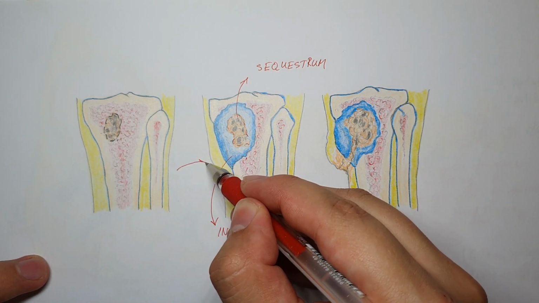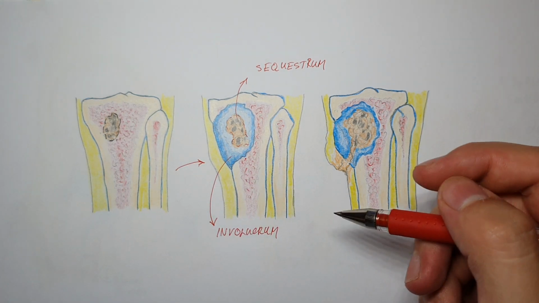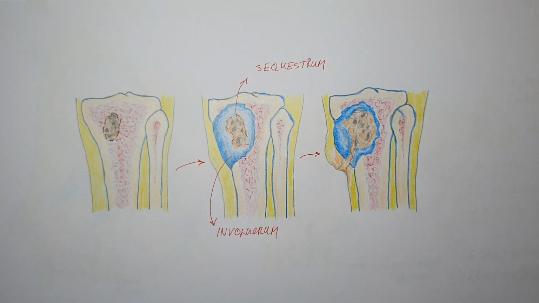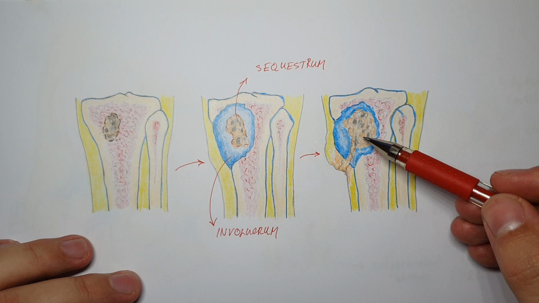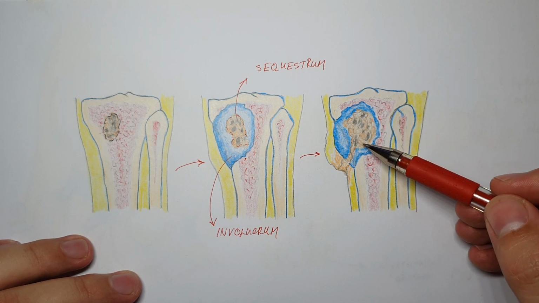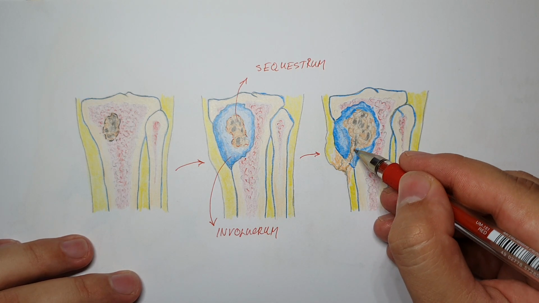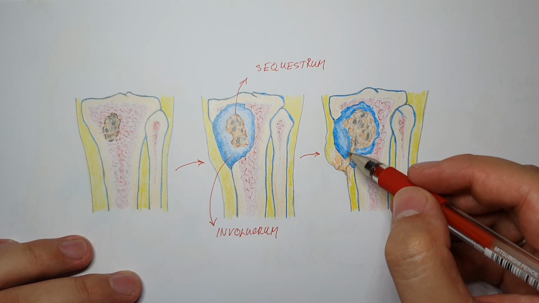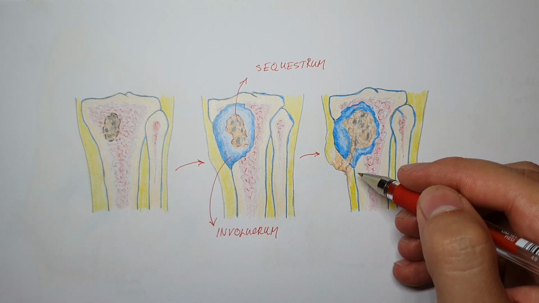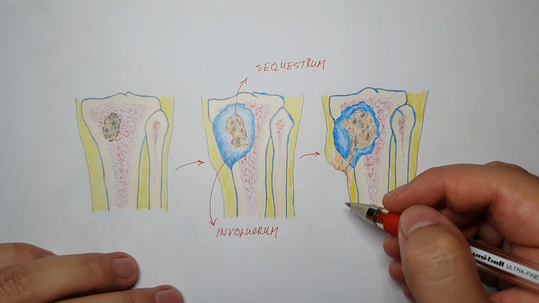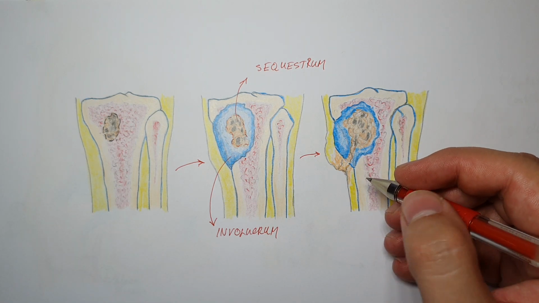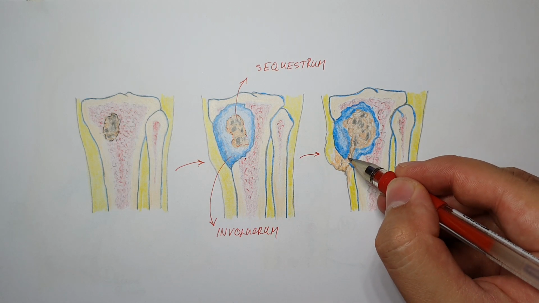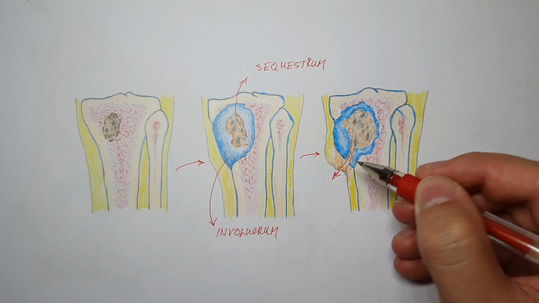This is how it evolves, and if it is not treated, eventually the infection will break out of the dead part and out of the newly forming bone. It will cause infection of the soft tissues, and later, in months and years, if it is uncontrolled, it will drain via a canal outside.